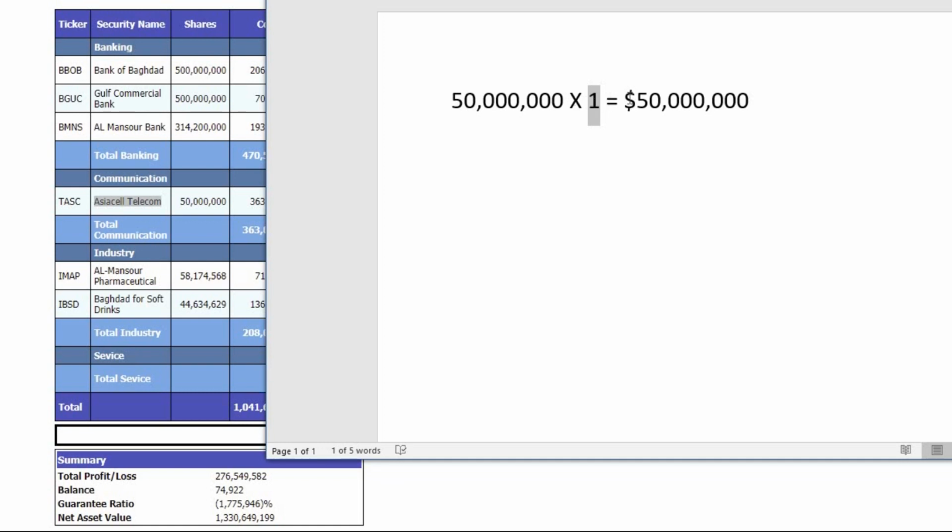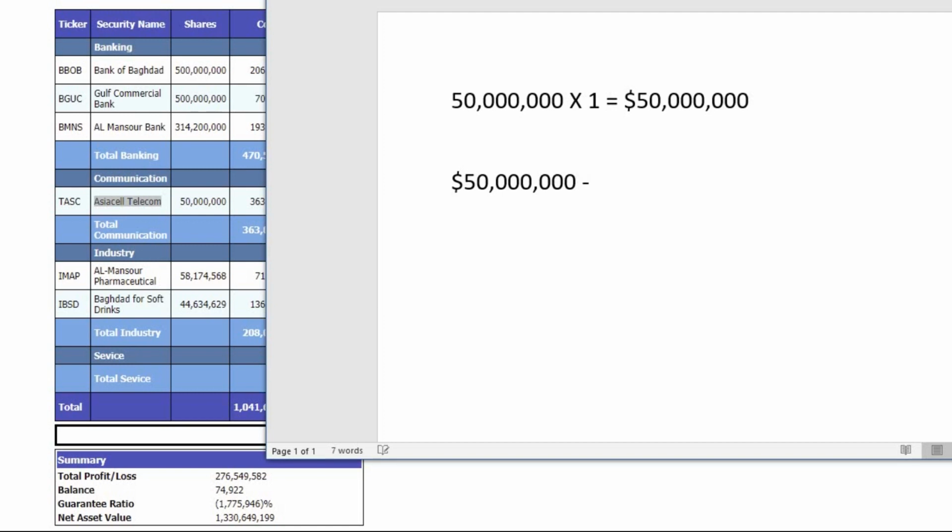That's what you have as a value in that account. Okay, so we've got 50 million in the account. Asia Cell will be paying out, for example, we'll say Asia Cell pays out 1 dinar per share, so that's what they've steadily done. So 50 million is what we get in our account.